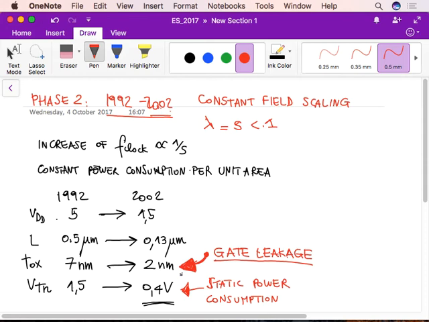And actually the static power consumption was indeed a real problem, because what happened at that point?